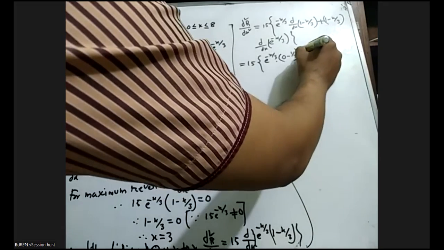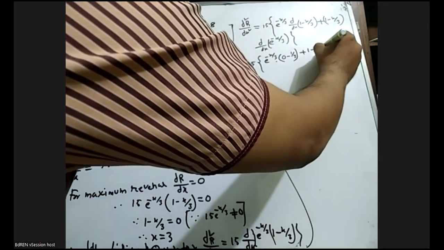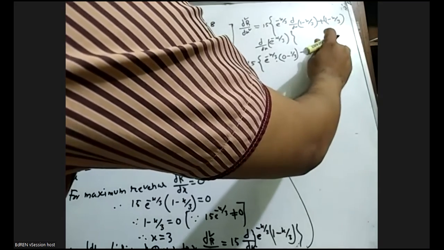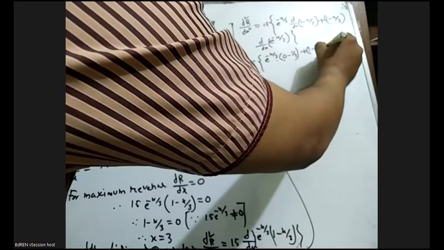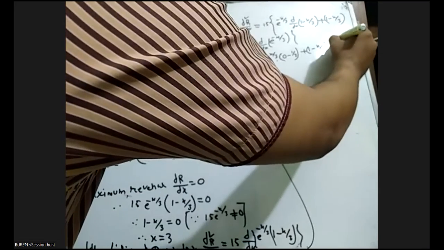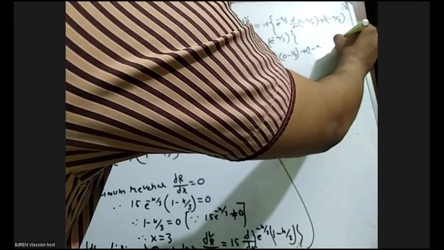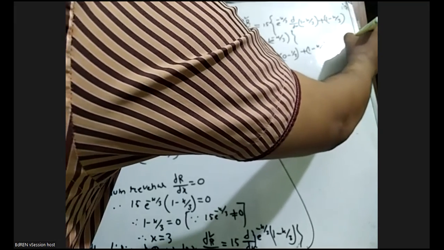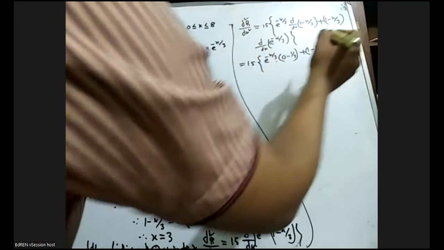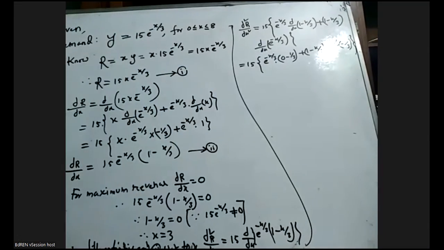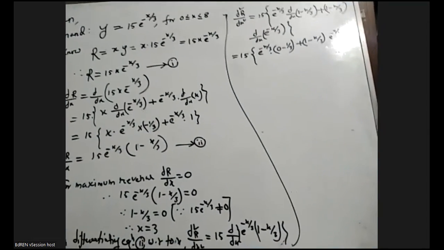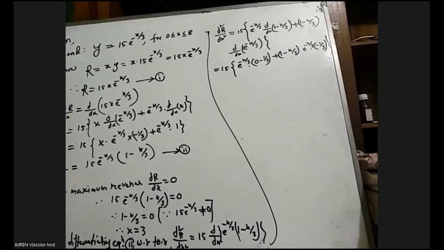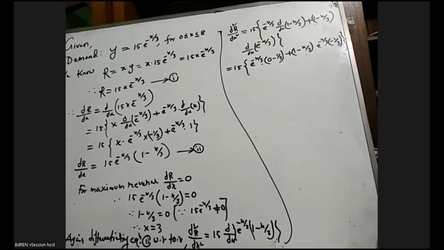Plus 1 minus x by 3 into e to the power mx formula, just multiplying with the coefficient of 1 by 3. This is the UV process of differentiation.